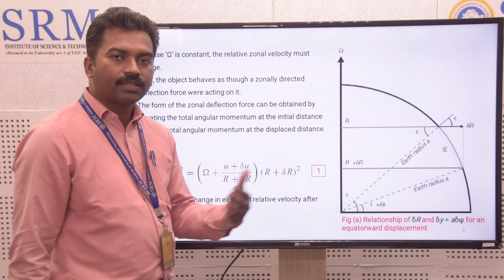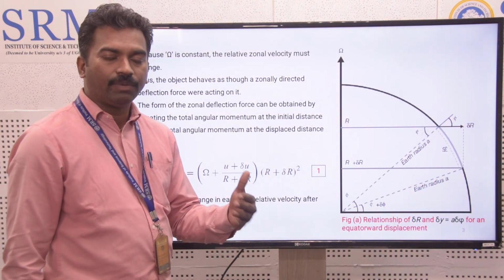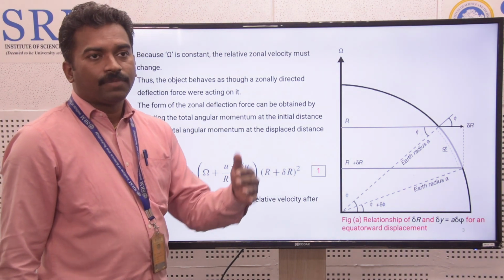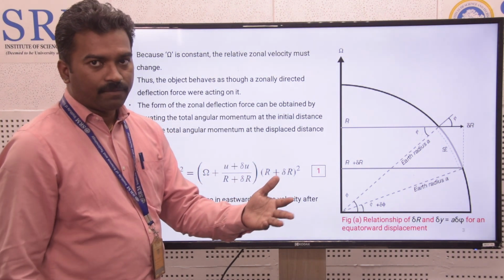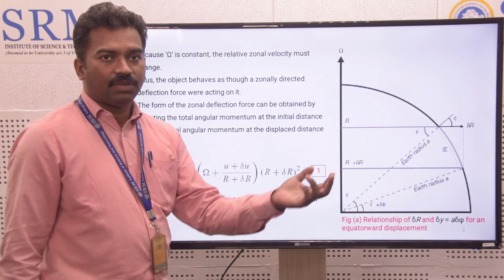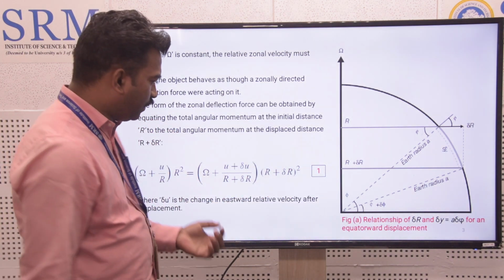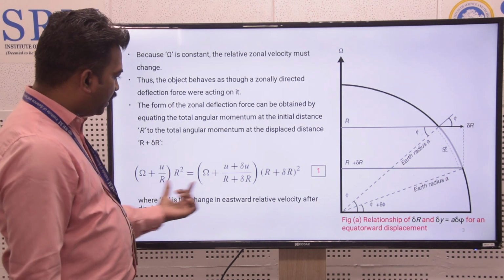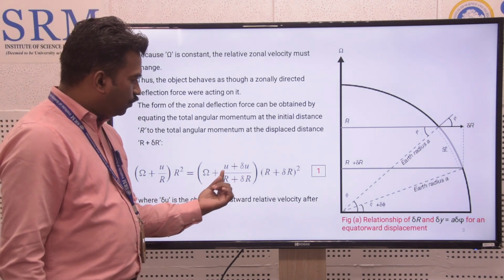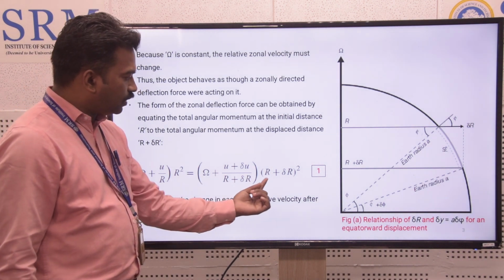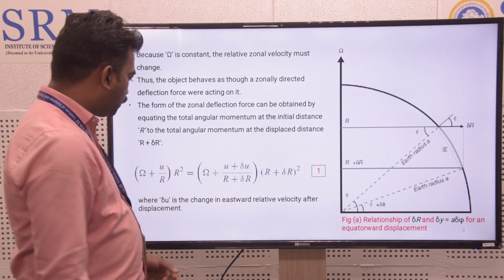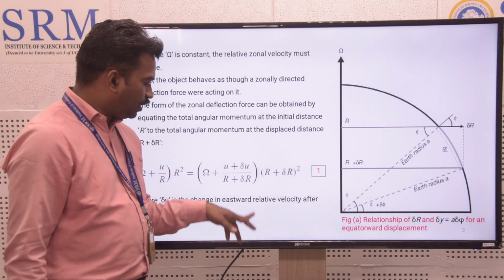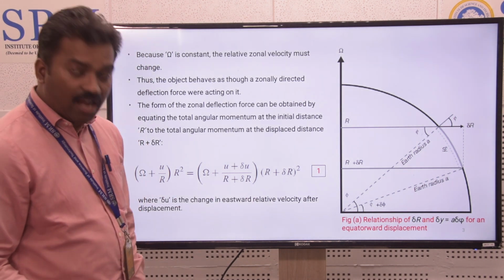As we discussed, for the angular momentum to be conserved, there must be some change in the zonal velocity as well as in the distance of the mass from the axis of rotation. Accordingly, this expression is adjusted to u plus delta u and r plus delta r, into r plus delta r whole square, where delta u is the change in eastward relative velocity after the displacement.